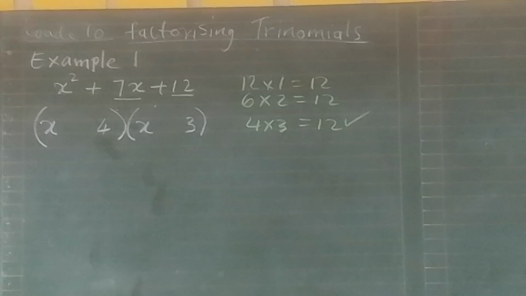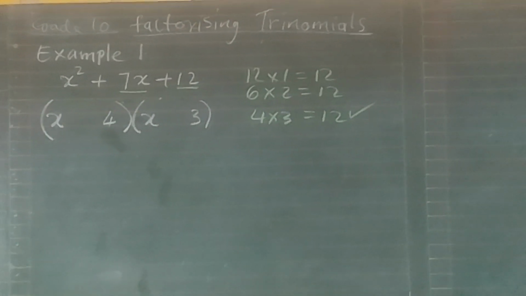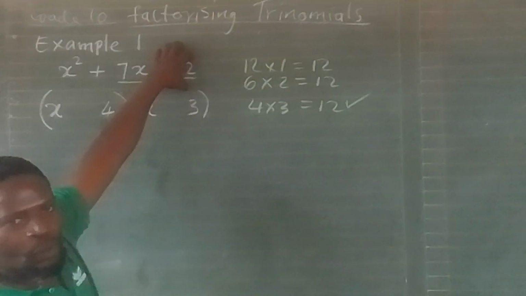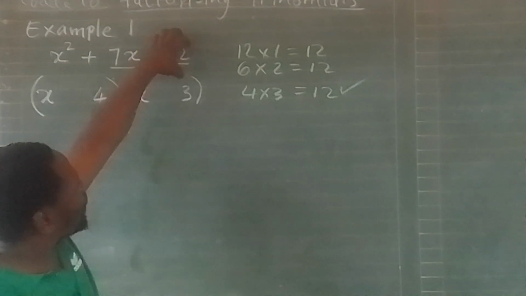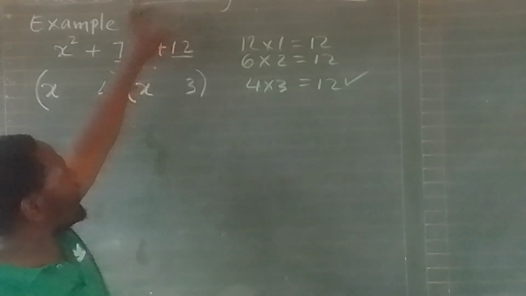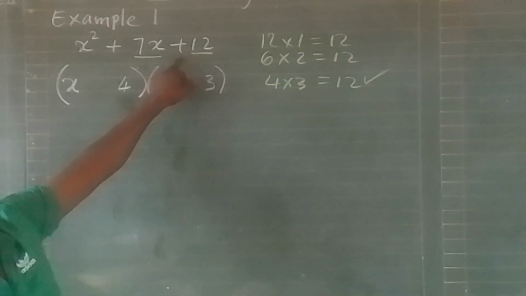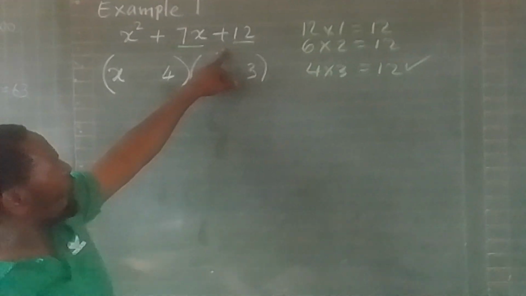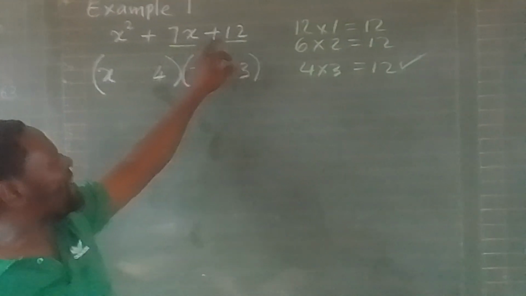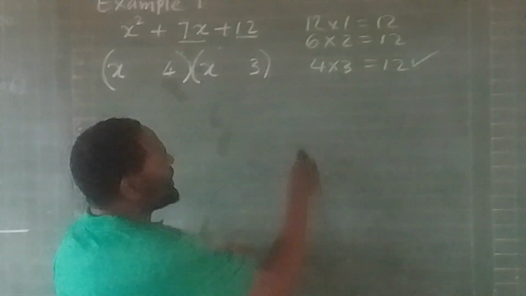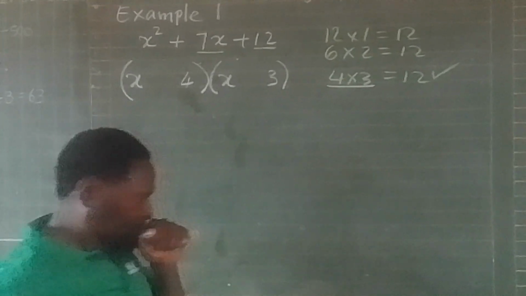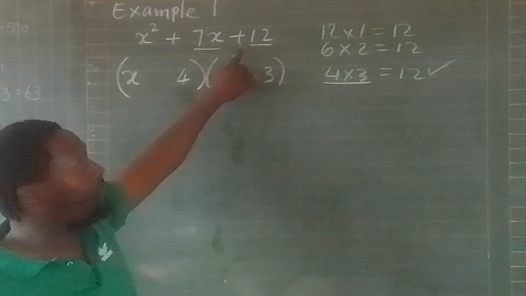Now, another thing that you need to check here is, you have worked out your factors of 12. Now come to the sign of the constant. The sign of the constant is positive. When it is positive, it means that the factors that you just found are going to have the same sign.